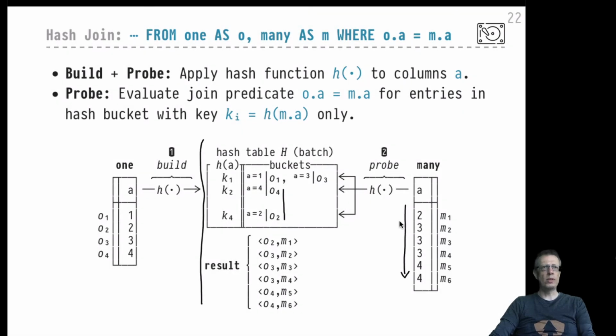Okay, and all of this is of course repeated for the many rows, and this will lead to the entire join result, which we can write here as indicated in the picture below. So that would be the basic idea of hash join. Of course, its efficiency derives from the fact that once we are in the probe phase, we only have to check one particular bucket for potential join partners, and only in those buckets we would actually perform the key comparisons.